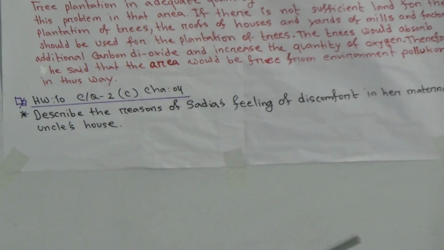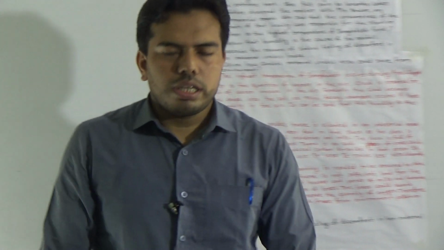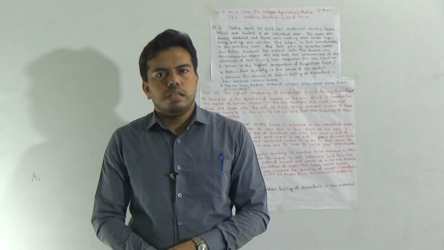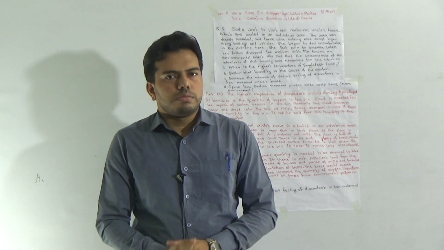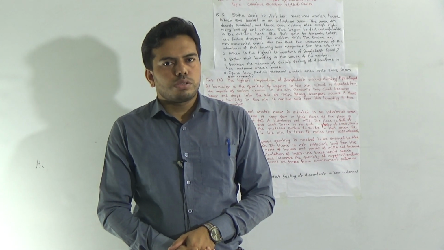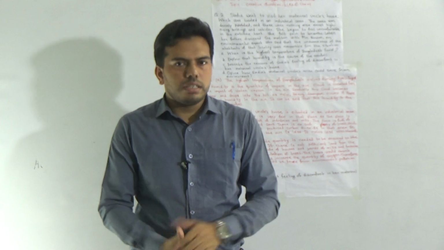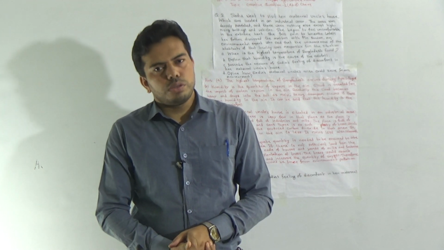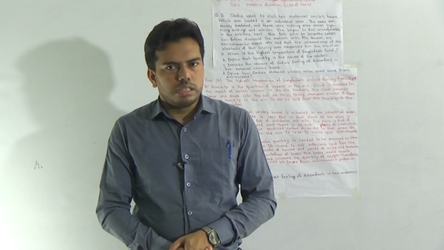So now question number C is left for your homework. Basically, we can say that if we plant more trees in our locality, then we can get the oxygen we need. So we must plant trees again and again. If we cut down a tree, then we need to plant more than 2 trees there.